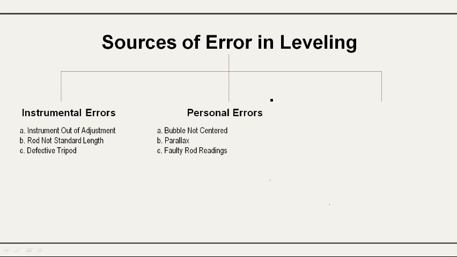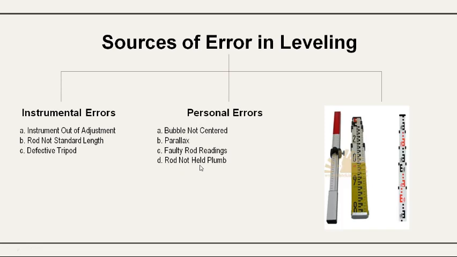Next type of personal error is the faulty rod reading. The instrument man may sometimes misread the number of meters. The rod should be vertically positioned as much as possible, or else the rod reading cannot be used.